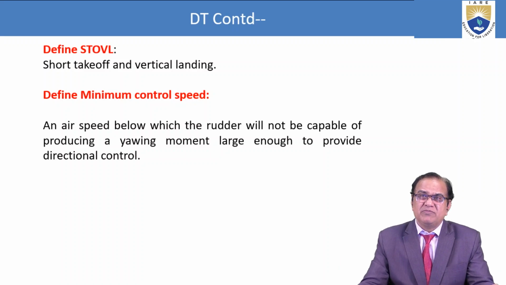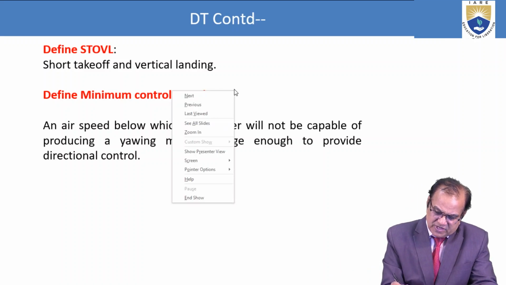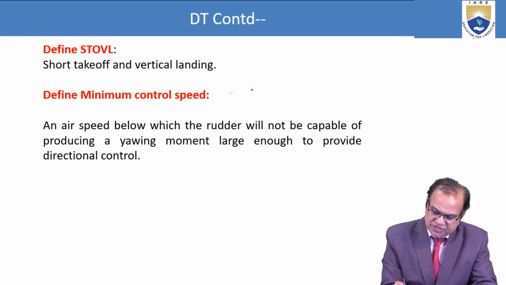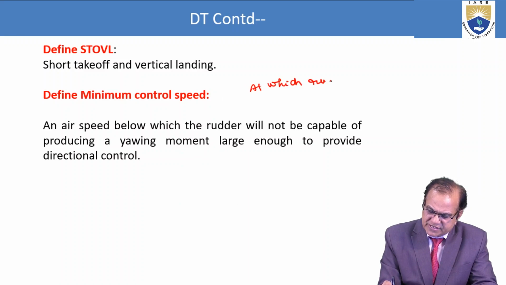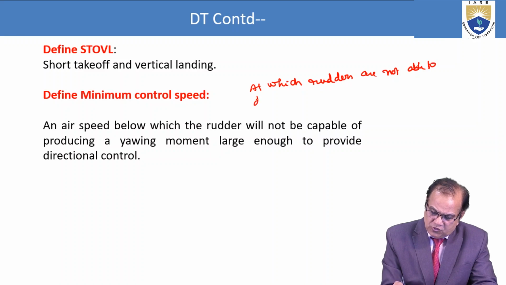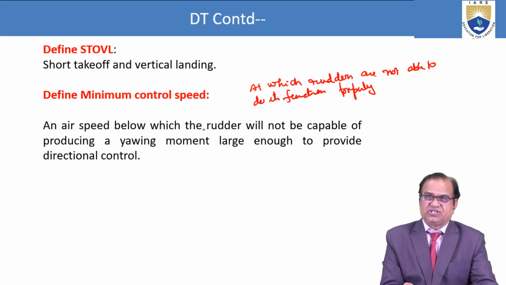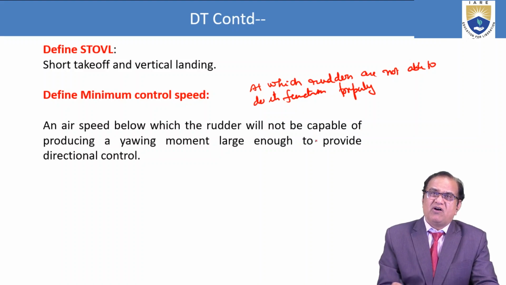So the minimum speed at which the rudders are not able to do their function properly, and the air speed below which the rudder will not be capable of producing a yawing moment large enough to provide directional control.